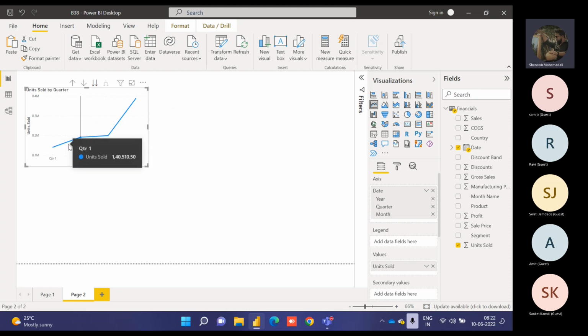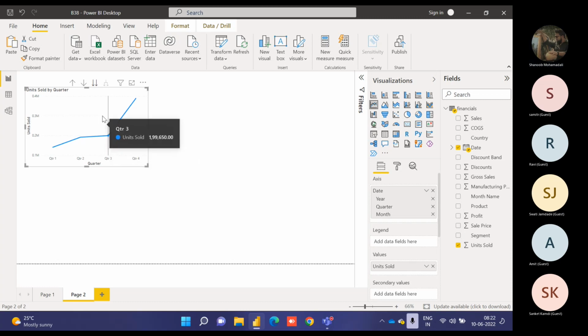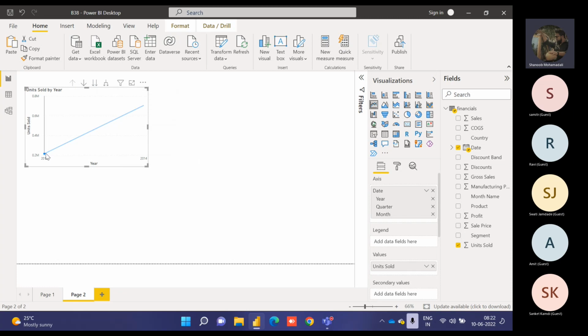Now, if you see here, quarter one and quarter two have very low values as compared to quarter three and quarter four. Why is that so? Because quarter three and quarter four have the total of both the years, 2013 and 2014. I'll show you. For 2013, you have two quarters, third quarter and fourth quarter.